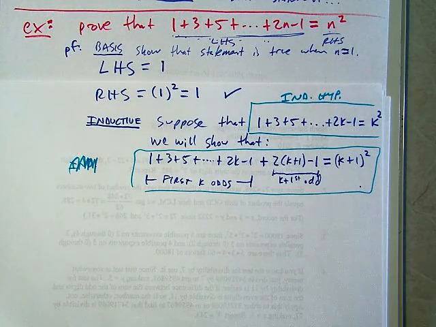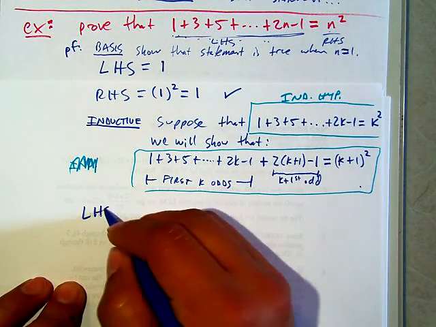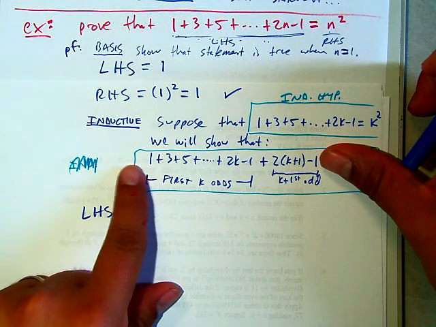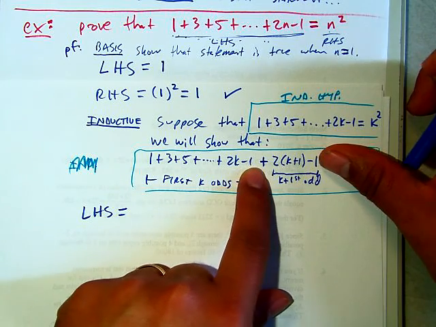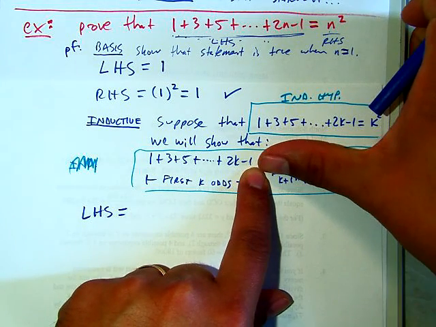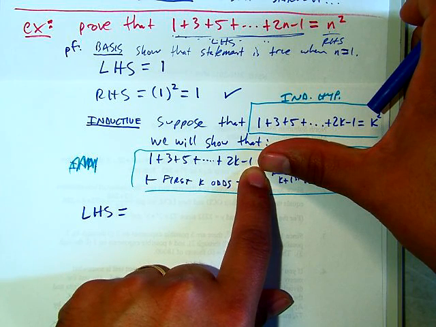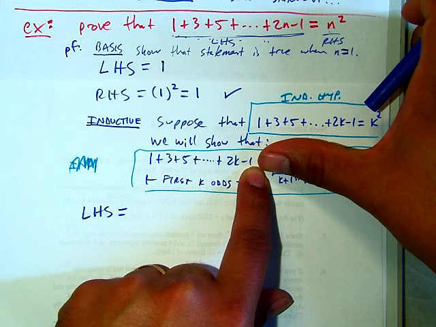And it's going to make life a whole lot easier in a minute. Okay? So if I start on the left-hand side, just looking at the left-hand side, what do I know about the first k odds? Do I know what that adds up to? Look at your inductive hypothesis for a hint. What does 1 plus 3 plus 5, etc., plus 2k minus 1 going to add up to?